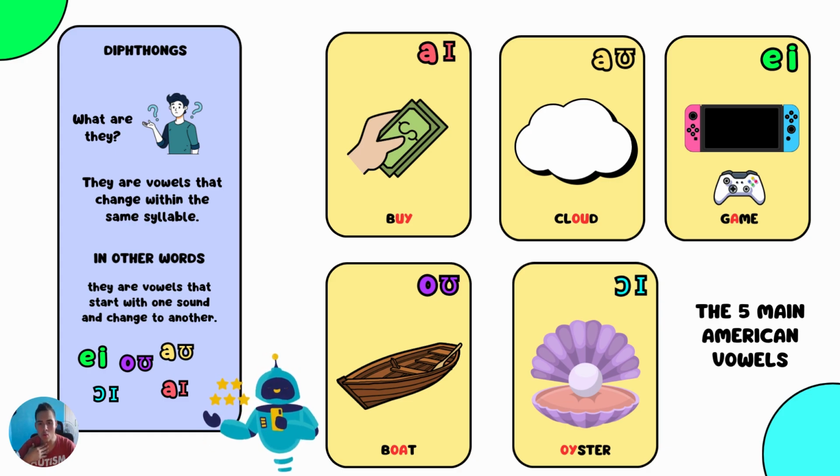We have a u as in cloud. We have e as in game. We have o as in boat. We have o as in oyster. These are the five main diphthongs of American English. Basically, they are vowels that change within the same syllable.